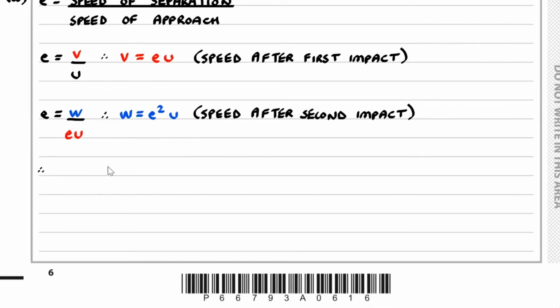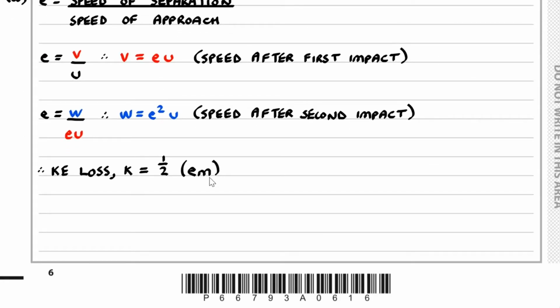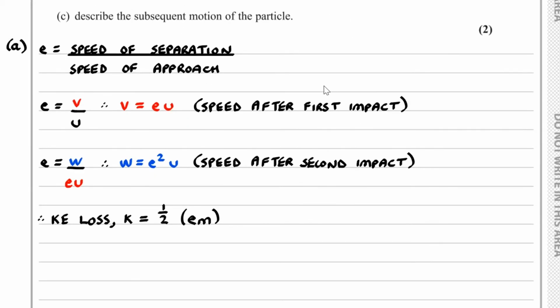So therefore, if we say that the kinetic energy lost is K, we have 1/2 multiplied by the mass of the particle, which is given by m, and then we have the original speed, which is u, and then we square this, and then we subtract off 1/2 m multiplied by this final speed, e squared u, squared.